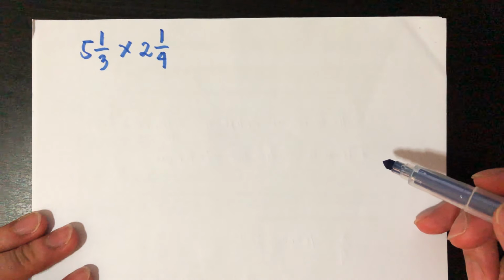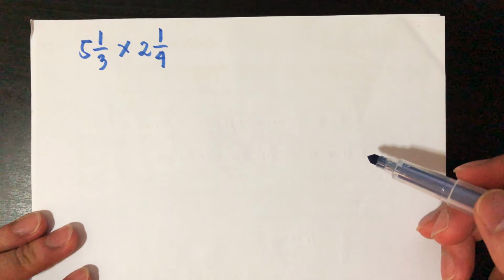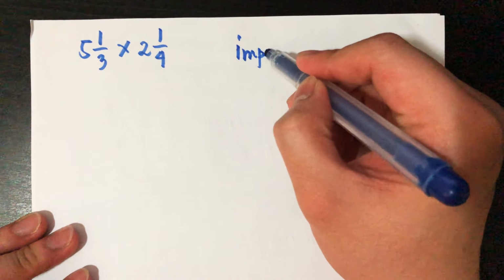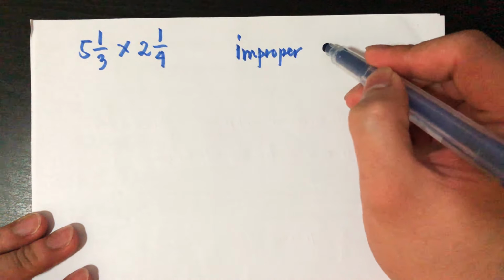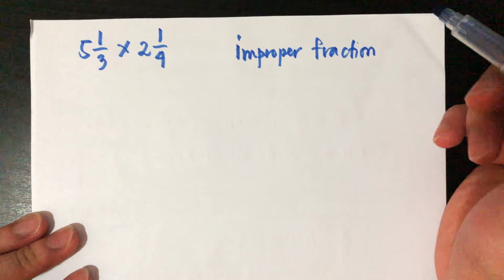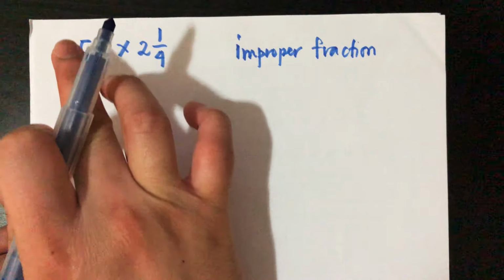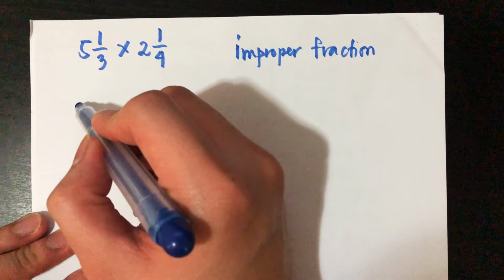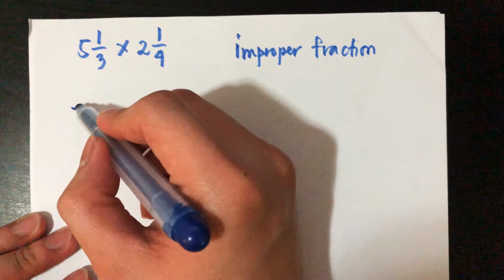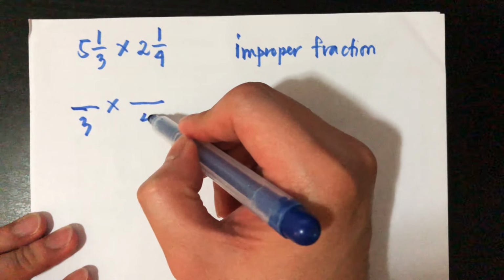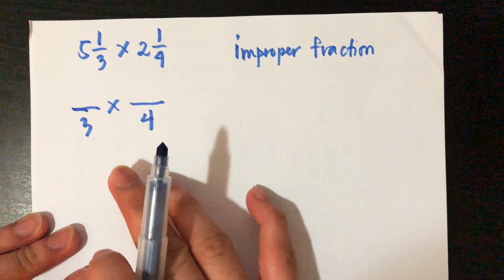Now, what we are going to do here is we need to convert it first to improper fractions. Okay? So how to convert this one? Again, copy the denominator. Now, what will be the numerator?